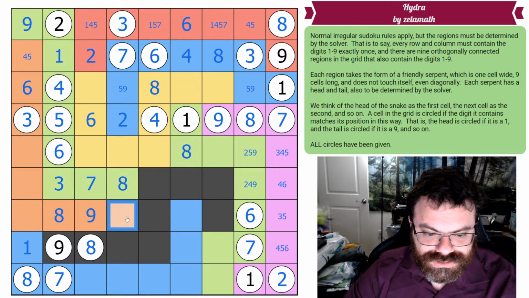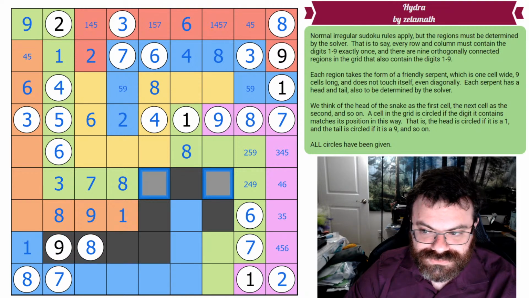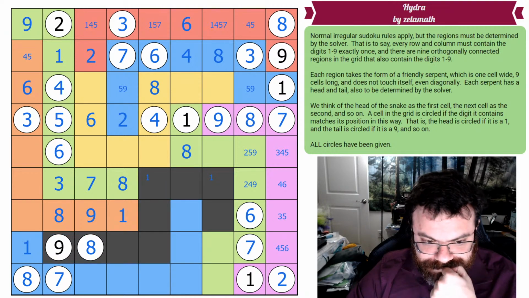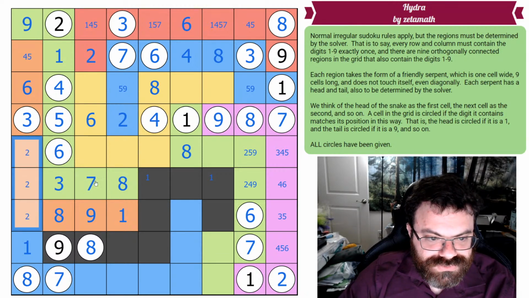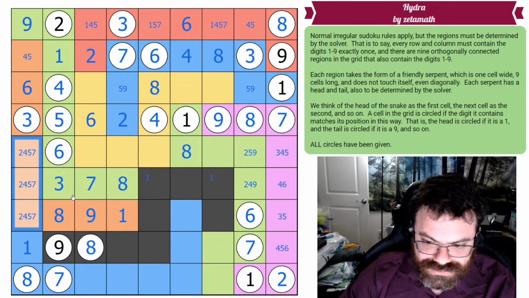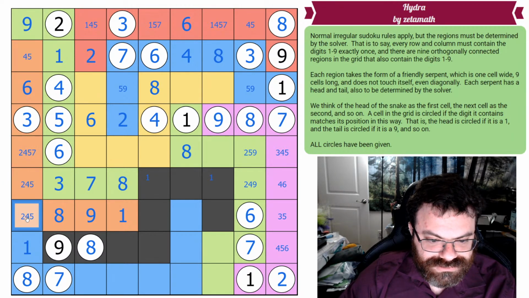One in orange is here. So now 1 in black. One of these two. What does orange need? We have 1, we need 2, we need 4, 5, and 7. That's not 7. That's not 7. Oh no, sorry. Negative constraint is 6 here. This is 5 then. This is 4.